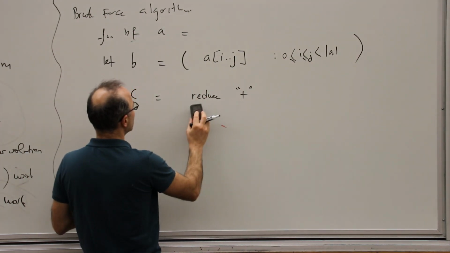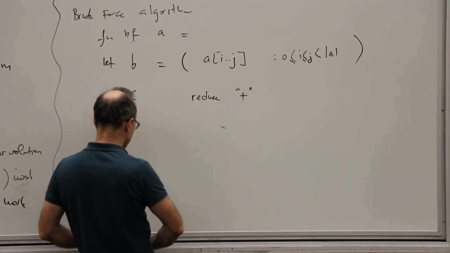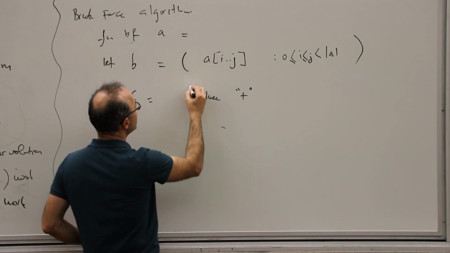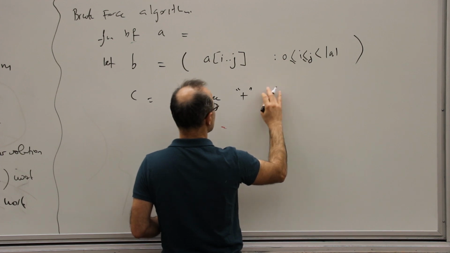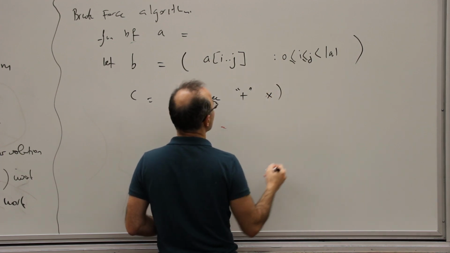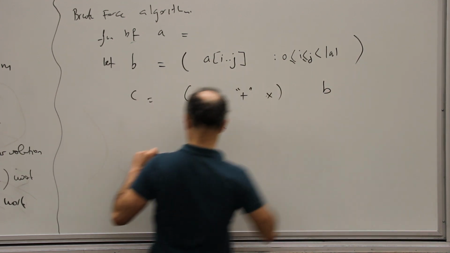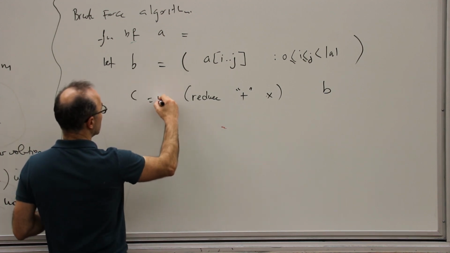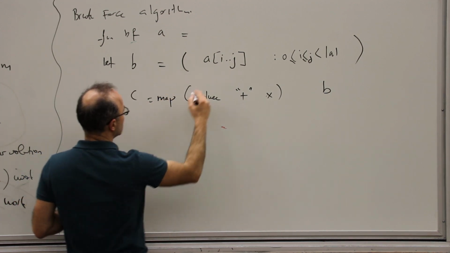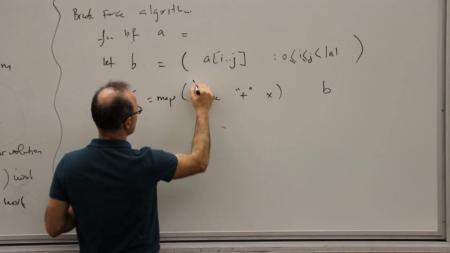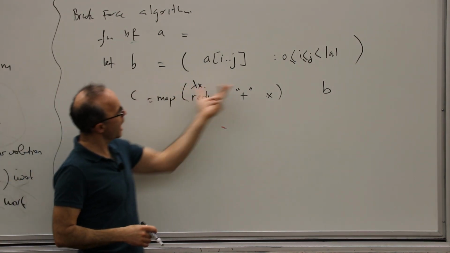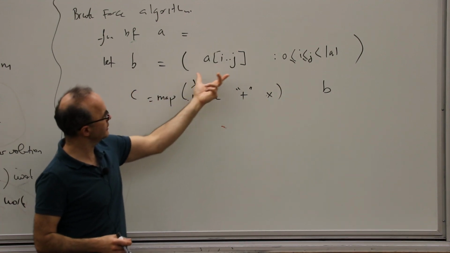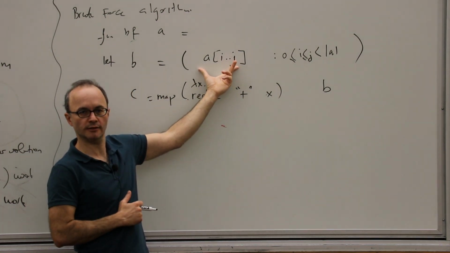Let's reduce each one of these, okay? What this does is map over my sequence and compute the sum for each one.